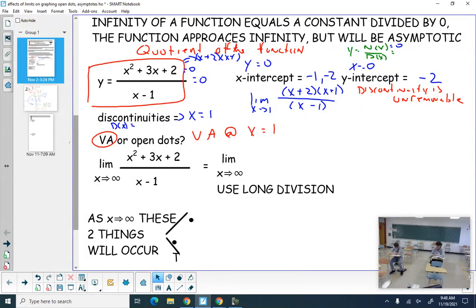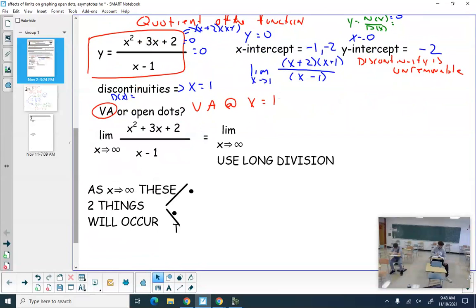Now we have to find the limit of our function as x approaches infinity. If I divide through by x squared, we have 1 plus 3 over x plus 2 over x squared.